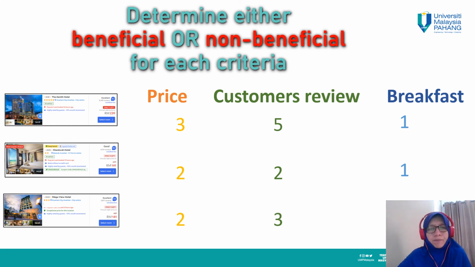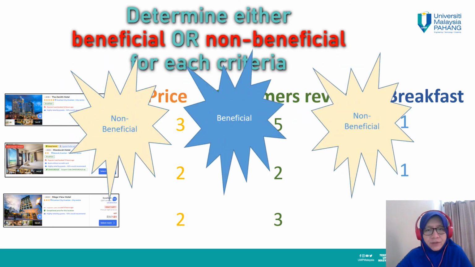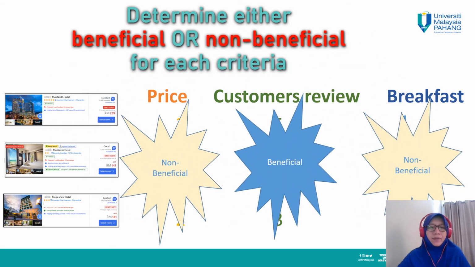Customers' review: the highest customers' rating is the one that we are looking for, meaning that the highest value is good. So, customers' review is considered as beneficial criteria. So, in this case, price is non-beneficial, customers' review is beneficial, while the breakfast is non-beneficial.